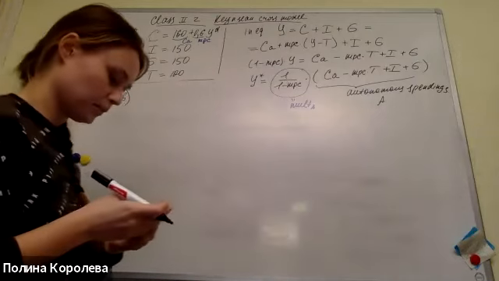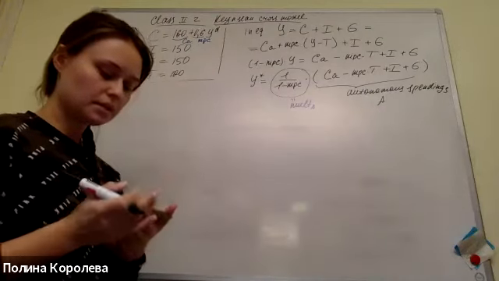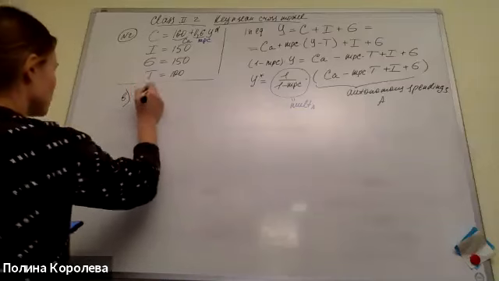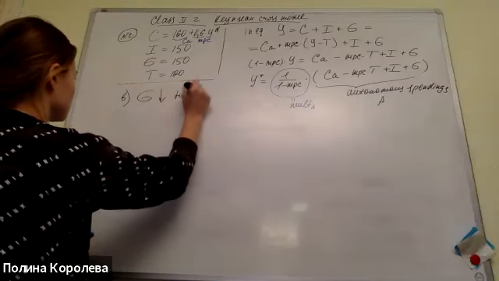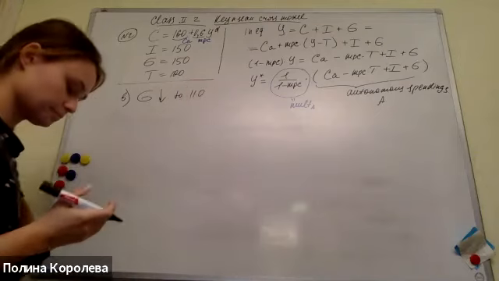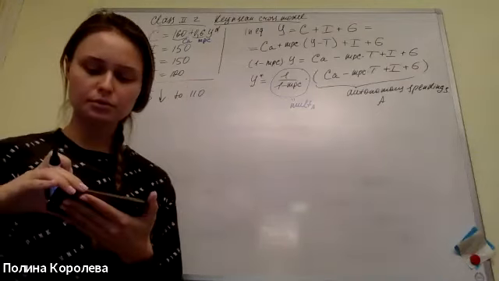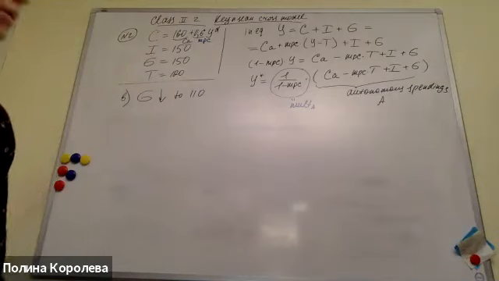So point B. Now suppose government spending decreases to 110. We should solve for equilibrium GDP one more time.